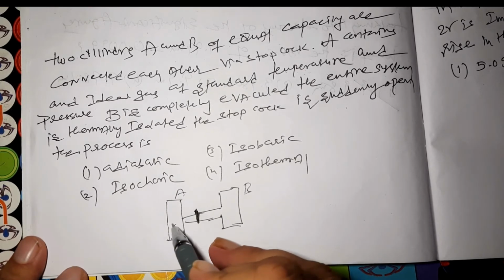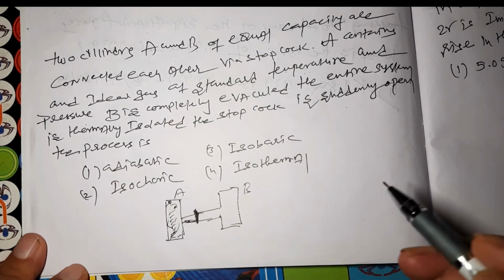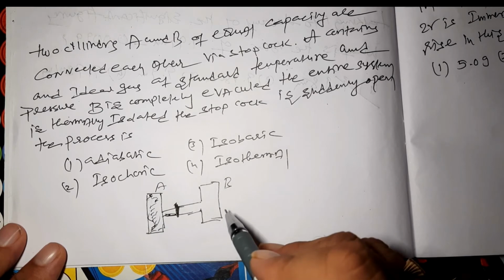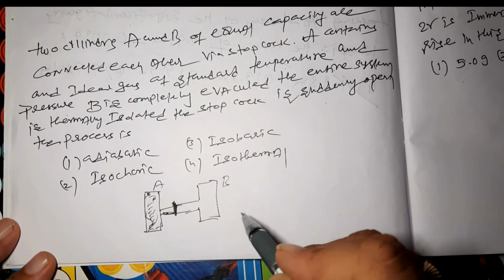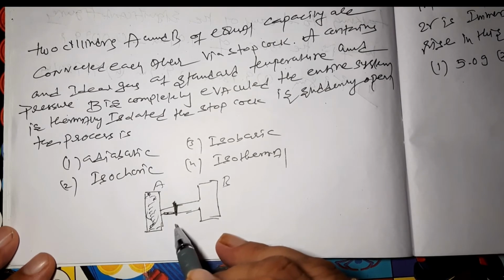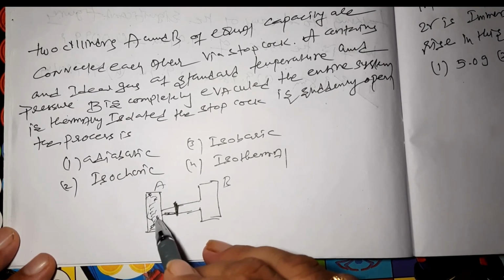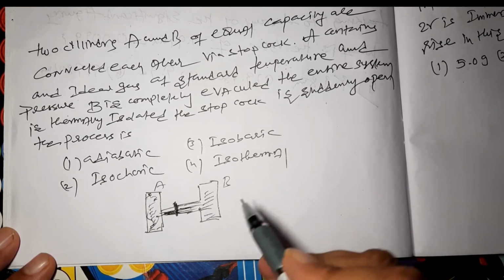Here A is filled with the gas. B is completely evacuated, and the system is thermally isolated. Whenever this stopcock is suddenly opened, then what happens? The gas expands.